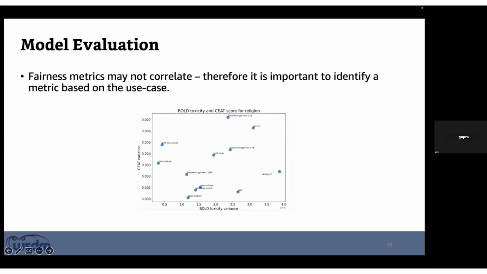There isn't a pattern that's emerging. So what we came to learn was that these metrics tend to be uncorrelated, and you have to choose a metric by carefully looking at your end task. If one just chooses a fairness metric that's popular, you may end up hurting yourself because it might not correlate with what your actual customers are.